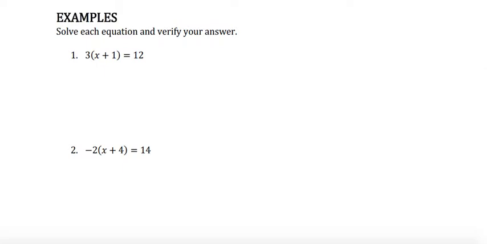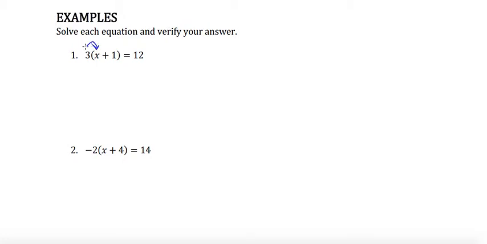For each of these examples, we're going to not only solve the equation, so we're going to solve for x, or whatever the variable happens to be, but we're also going to verify our answer by using the left side, right side check. So the first thing we want to do for example number 1 is to apply the distributive property. So if you remember, that means that we multiply this value on the outside by everything inside of our bracket.